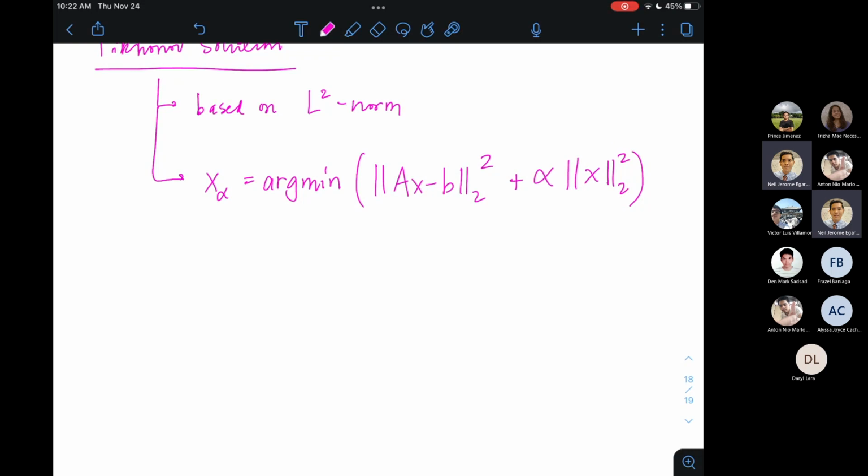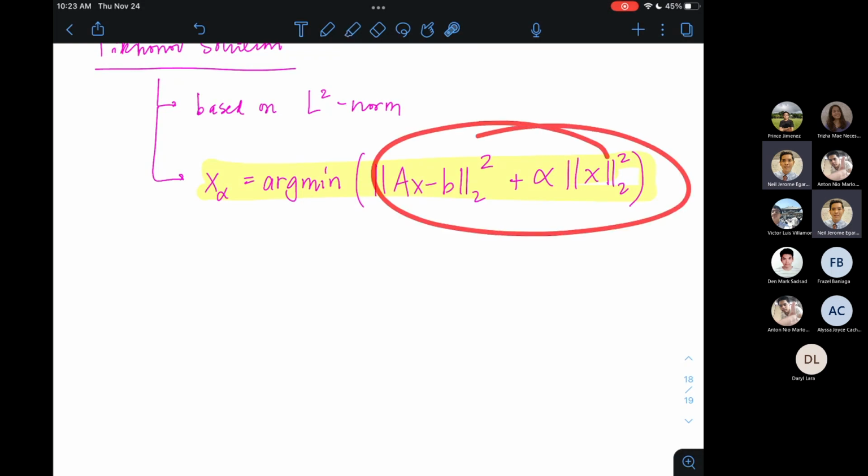And I think I already illustrated to you before kung ano yung mangyayari pag sobrang laki or sobrang liit ni alpha dito sa iyong regularization procedure. Okay? So basically, this is what Tikhonov is telling us. Right? So yung pipili mong Tikhonov solution, yung regularized solution, would be the minimizer of this guy.